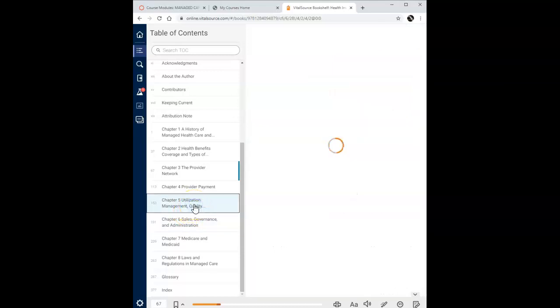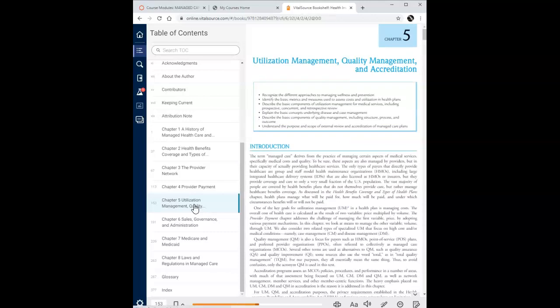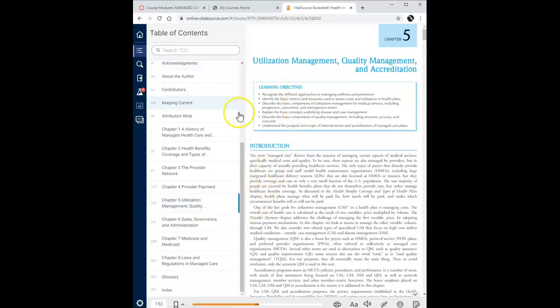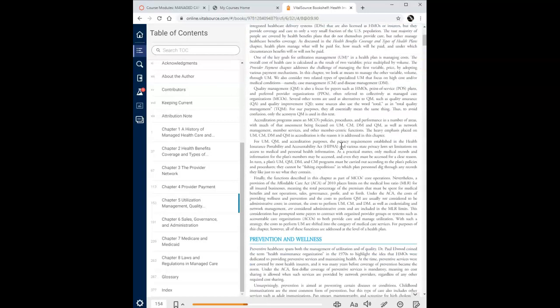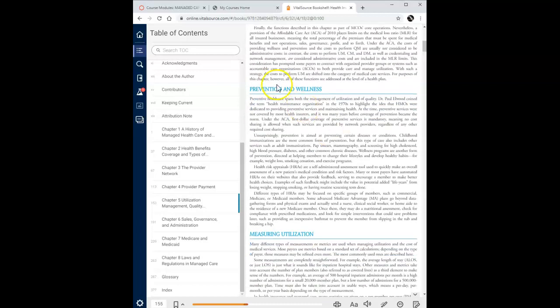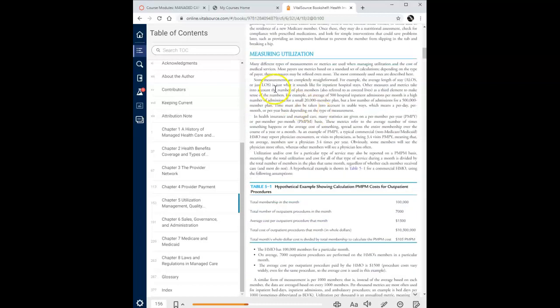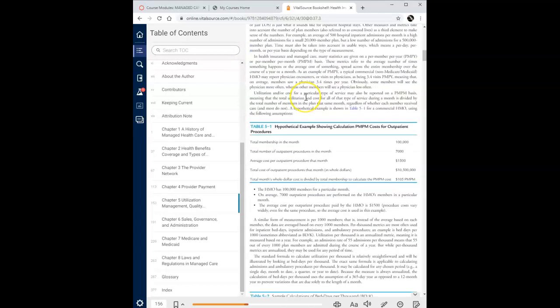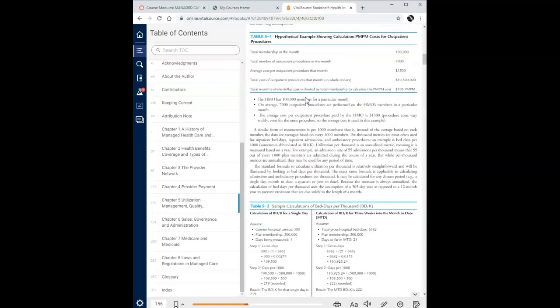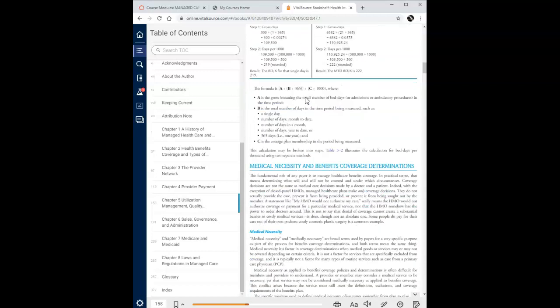So here's chapter 5. I'm going to go to chapter 5 real quick. And I can see here utilization management, quality management, and accreditation. And with just looking at the headings, prevention and wellness, measuring utilization, for your final, I could go to any of these charts and ask questions.